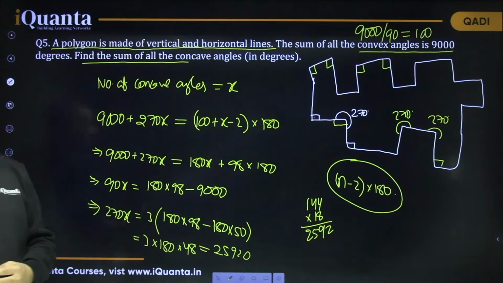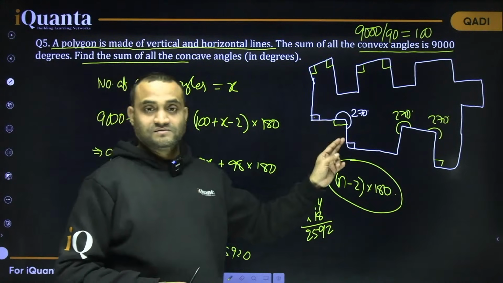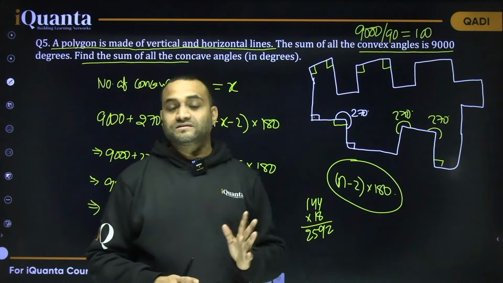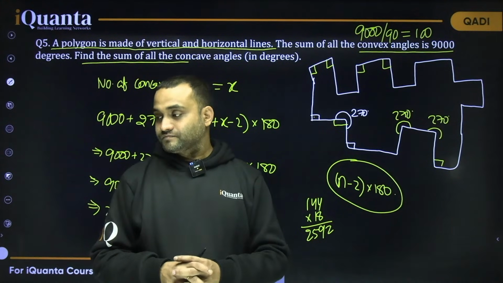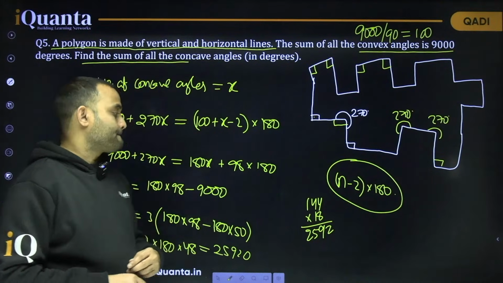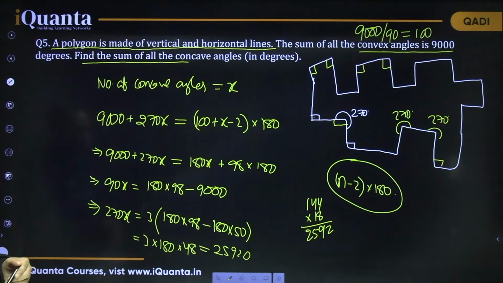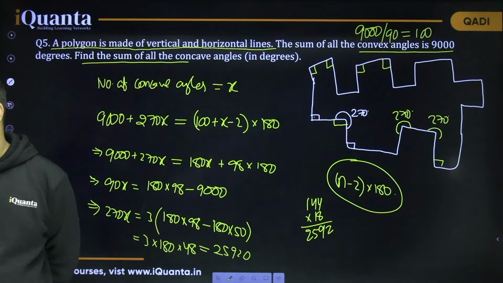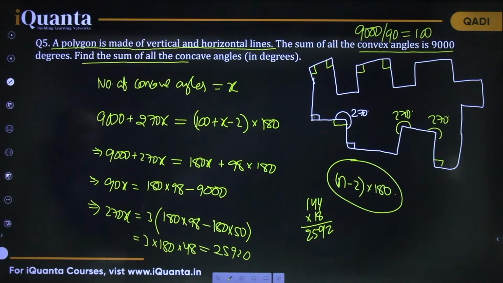So there are only two types of interior angles here, 90 degrees and 270 degrees. That's it. Clear now? Tell me. Got it? Okay.